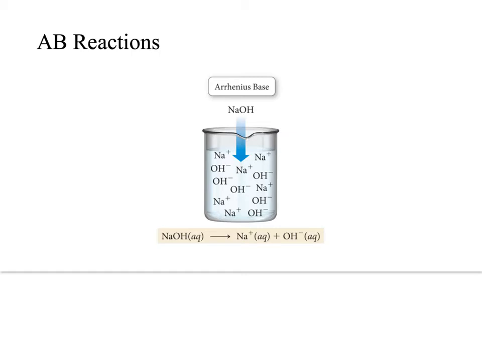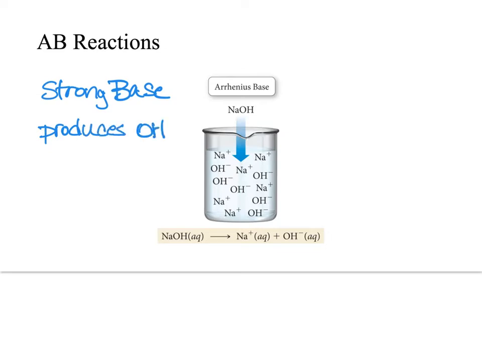Sodium hydroxide is an example of a strong base. Remember that the Arrhenius base definition is that it produces hydroxides in solution. Again, we can look at the Lewis structure. Sodium, being group 1, has 1 valence electron, and the hydroxide is a polyatomic ion in truth. So it has that negative charge.